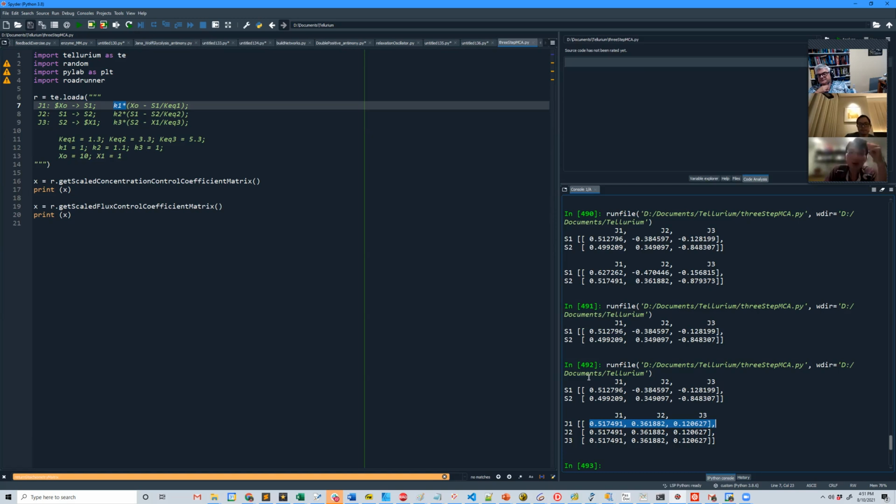Oh, I see. So a variable with respect to a variable would be a correlation. Right. But they would only change if somewhere you had changed a parameter. You always have to change a parameter. Right. You have to get to the next steady state. So that is delta S with respect to K1.